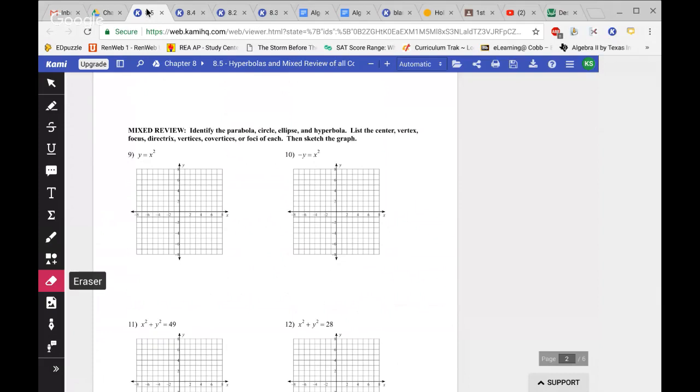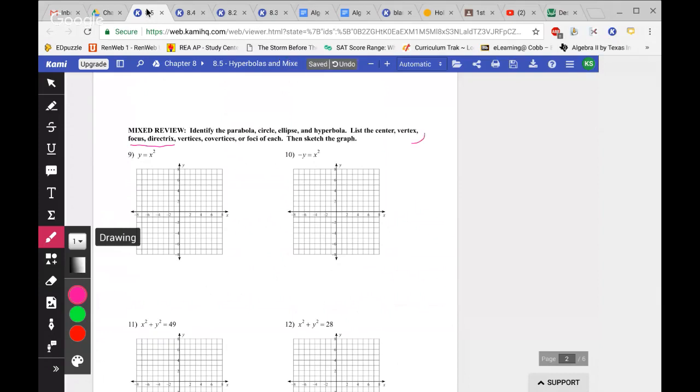Those were things that we had learned prior, like in Algebra 1, and I think we've even discussed them earlier this year. The new things now were the focus and the directrix.